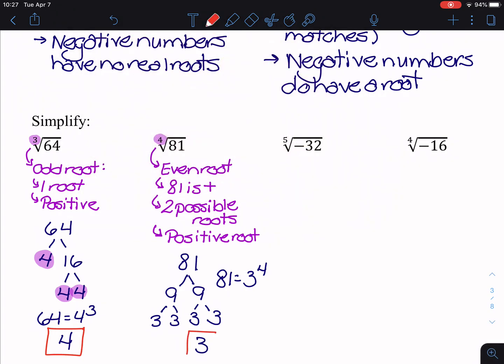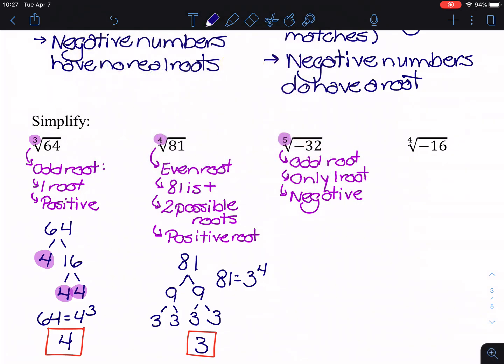For the next one, I have the 5th root of negative 32. Notice I have a negative under my radical, but I am taking an odd root. So I know I only have one root, and it's going to be negative because 32 is negative.